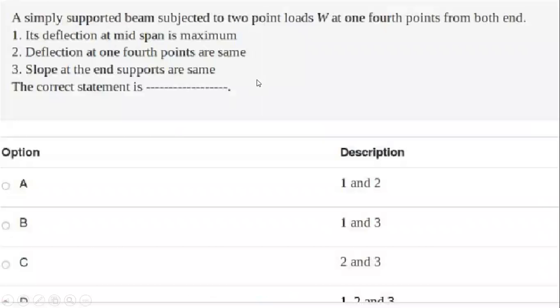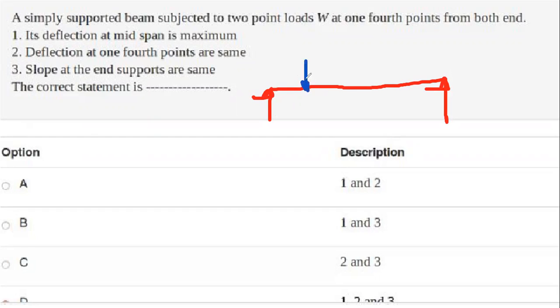Okay. Next MCQ: a simply supported beam subjected to 2 point loads at 1/4 points from both ends. So they have given one condition. Initially we will draw the simply supported beam. Then they mentioned there are 2 point loads.